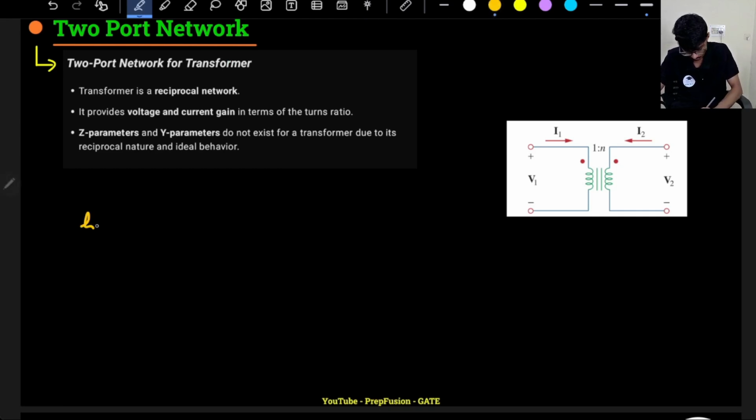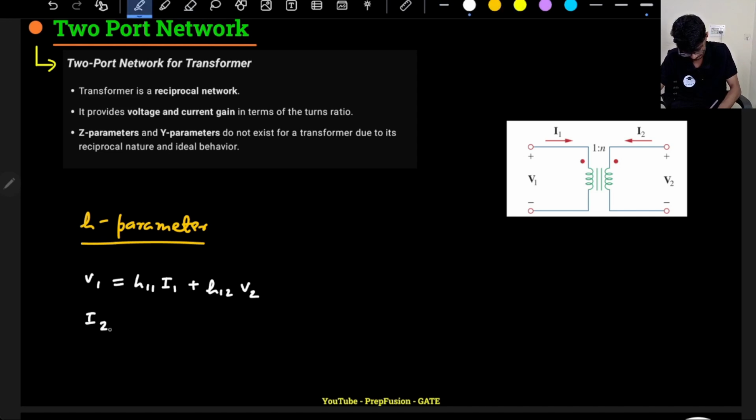The equation is V1 equals H11 I1 plus H12 V2, then I2 equals H21 I1 plus H22 V2. Okay.